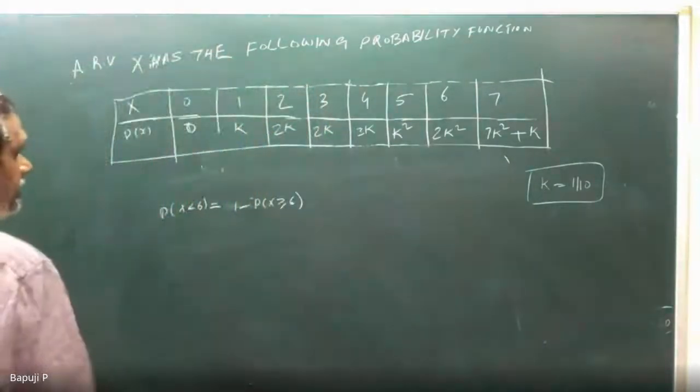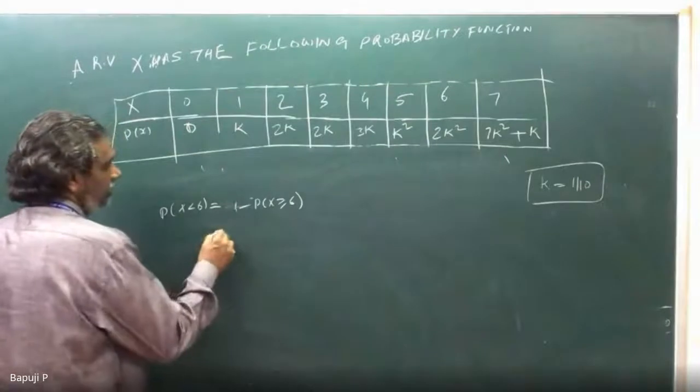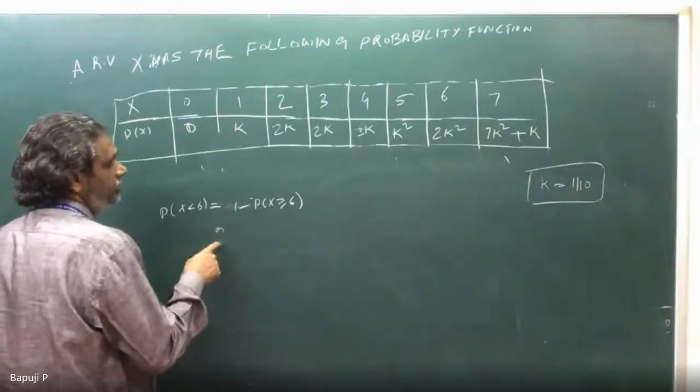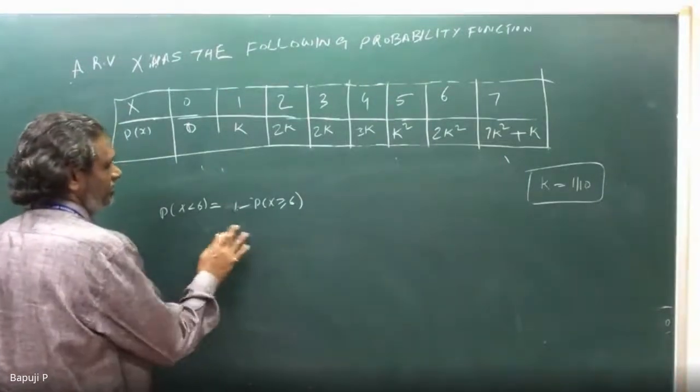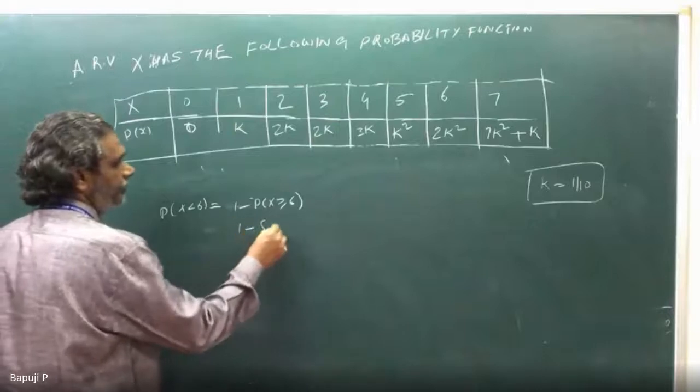Otherwise, you can also do probability x is equal to 0 plus 1 and so on. The same thing: 1 minus probability x greater than 6.